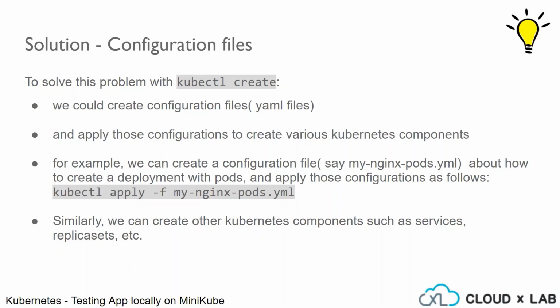For example, we can create a configuration file, say myenginespod.yaml, about how to create a deployment with pods and apply those configurations as follows. kubectl apply -f, the file name, which is myenginespods.yaml. Similarly, we can create other Kubernetes components such as services, replica sets, etc.